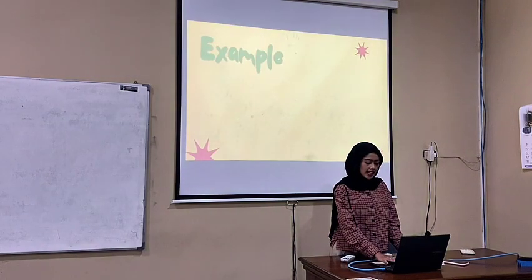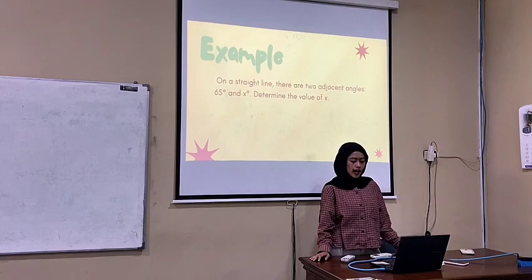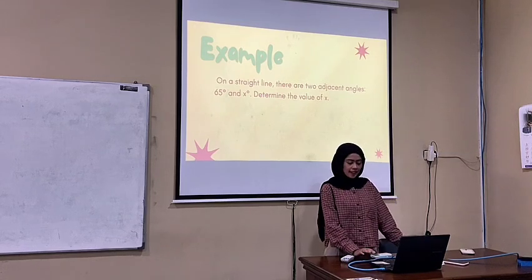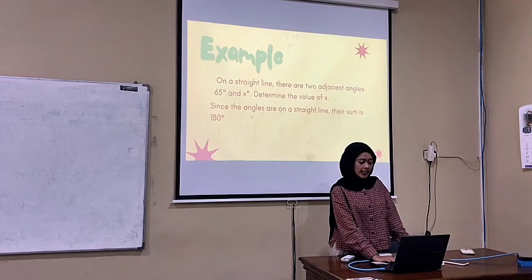Okay. Next example. On a straight line, there are two adjacent angles, 65 degrees and x degrees. Determine the value of x. Since the angles are on the straight line, the sum is 180 degrees.